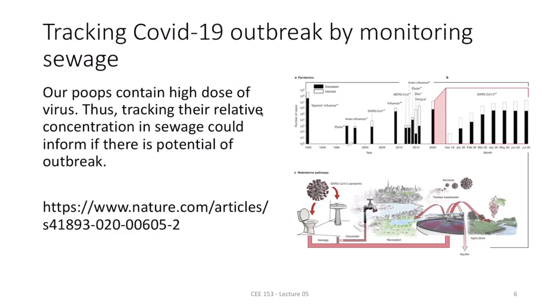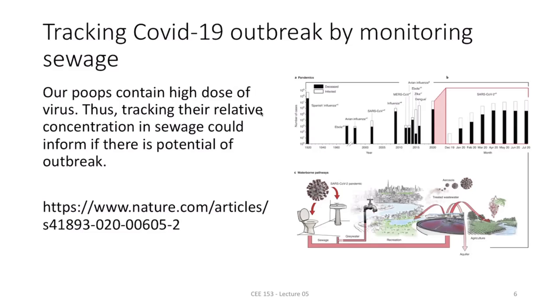Now if you collect those samples and see typical concentrations, if a lot of students are infected, their poop will have very high concentrations. So you can see that over time, if you're monitoring, they are increasing. Before even the people know they're infected, you see that increasing curve. So by just monitoring the wastewater released from the system, we'll be able to identify a potential outbreak before you find it with normal methods.